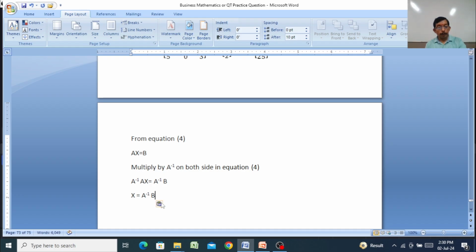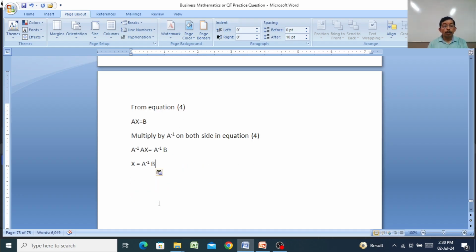Now simplify. A inverse B is equal to... first we find A inverse, then find the value of the determinant of A. This is equation number 5. Now find the value of A inverse.